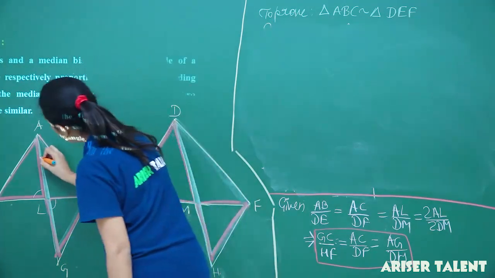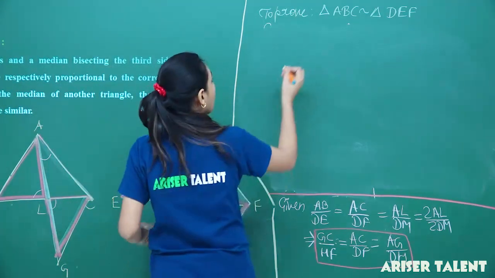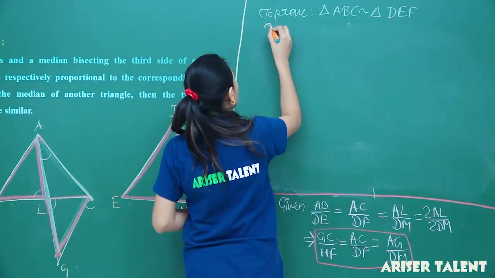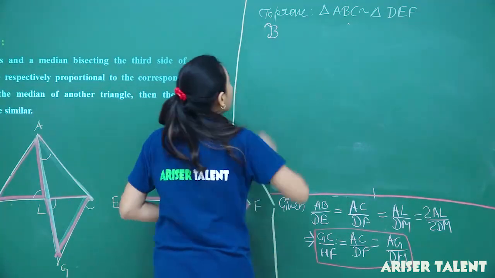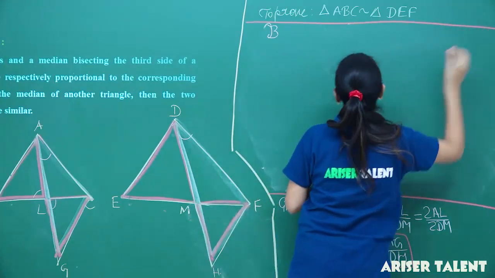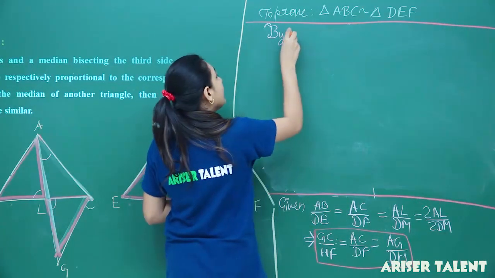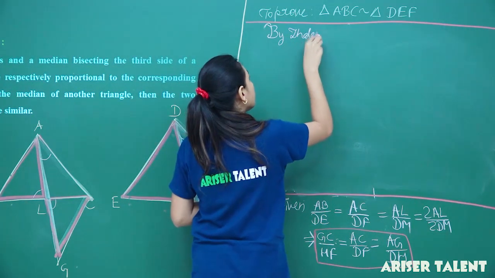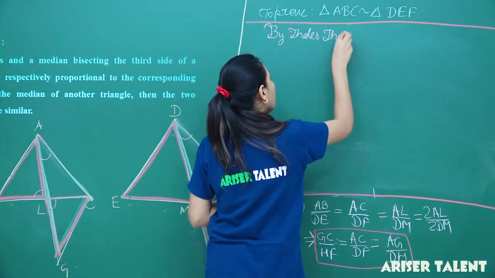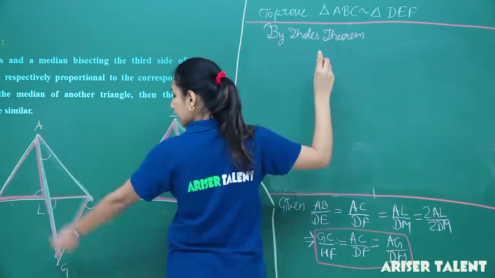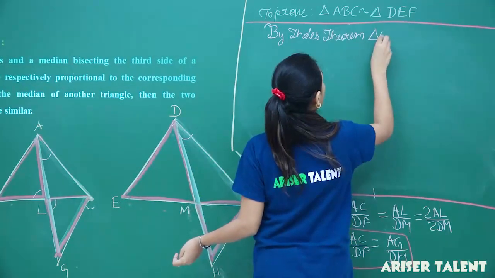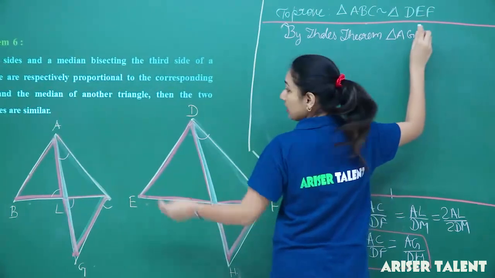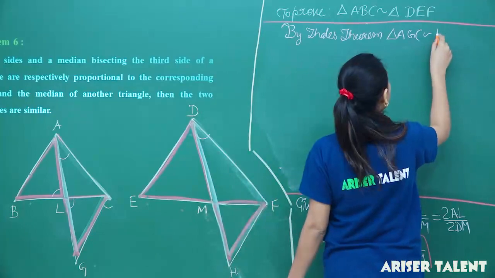Now what I can say is, by Thales theorem, this is again what we have to prove. So by Thales theorem, we have this triangle AGC similar to this triangle DHF.